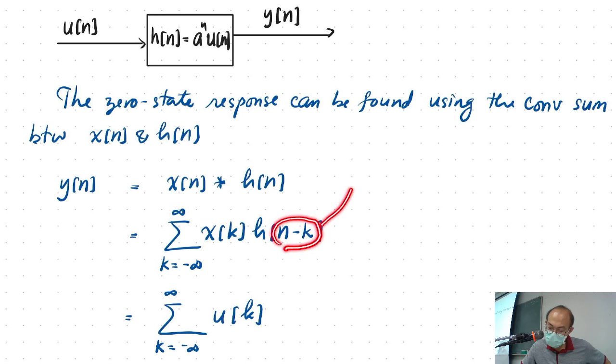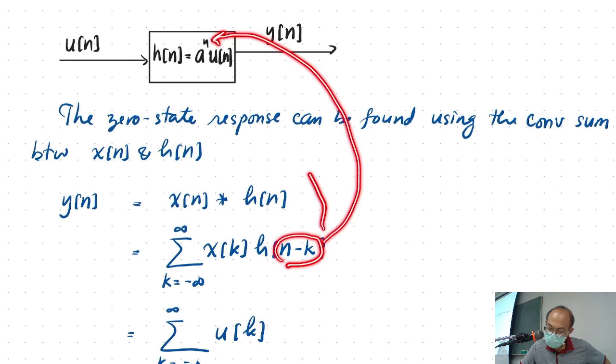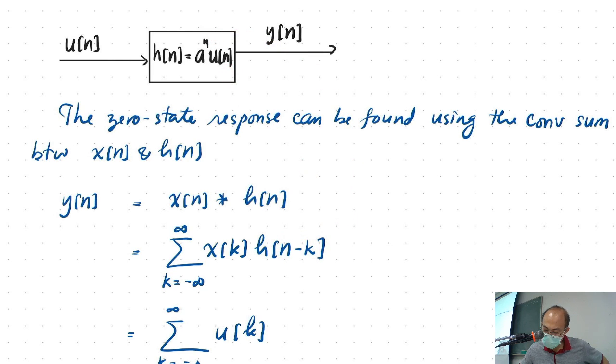So n minus k goes into the exponent of a as well as into the bracket of u. So we have a to the n minus k, u of n minus k.